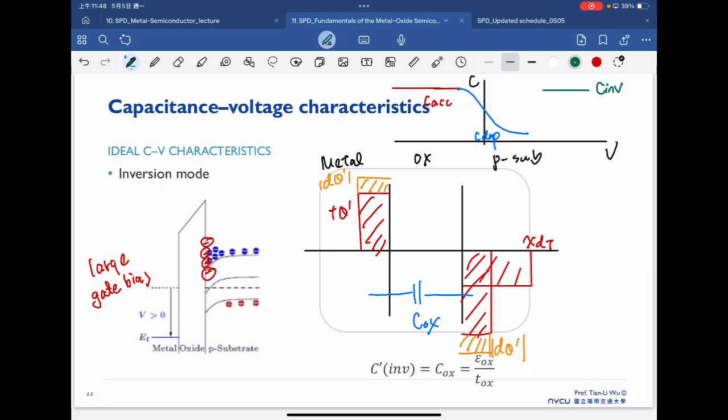But this is the case of the strong inversion. There's a transition between the depletion and the strong inversion. We call it weak inversion. And in the weak inversion, we will see the increase of the capacitance from the C depletion to the C inversion.